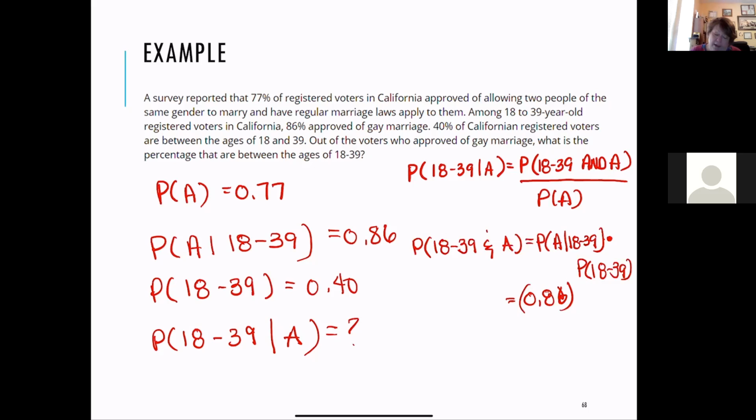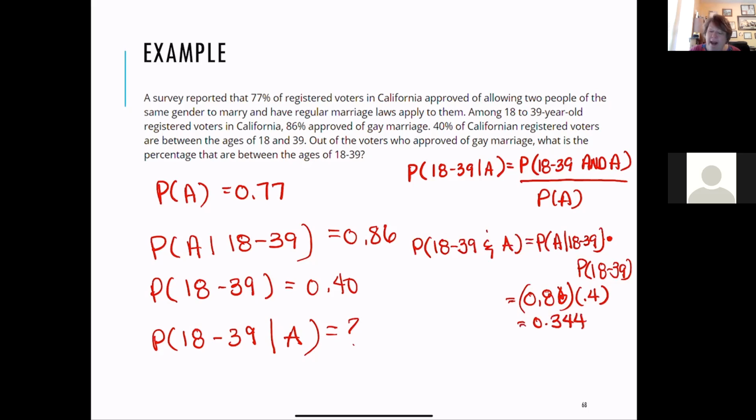times what's the probability that a voter's in that age group? 0.4. So if I take 0.86 and multiply it by 0.4, I get the probability that a voter in California is between 18 and 39 and they approved of this measure. So that's going to be, my calculator says 0.344.